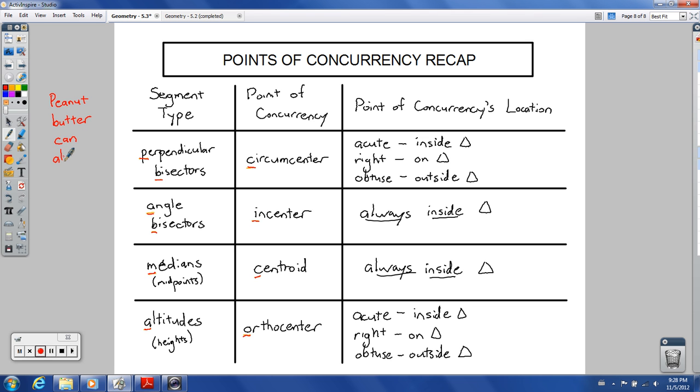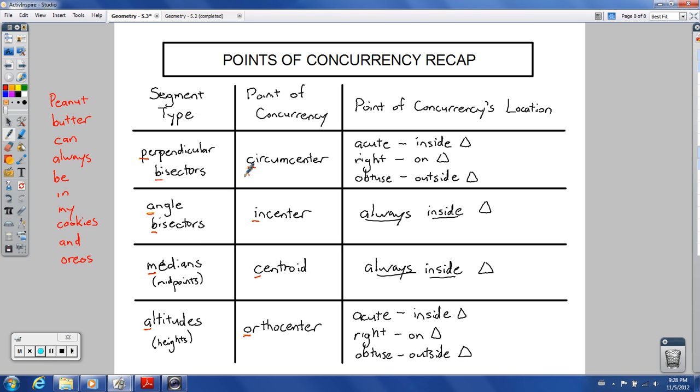Can always be in my cookies and Oreos. And you might say, what the heck are you talking about, Mr. Wagner? Look right here. Peanut butter can always be in my cookies and Oreos.